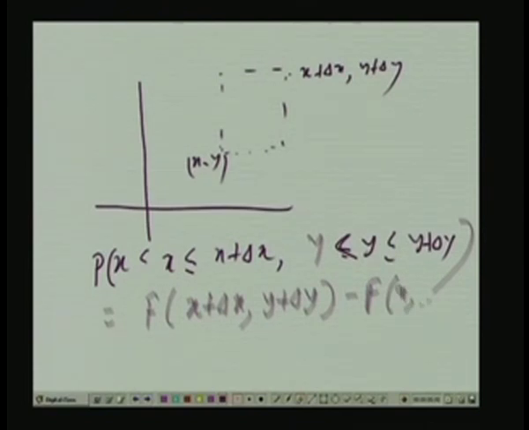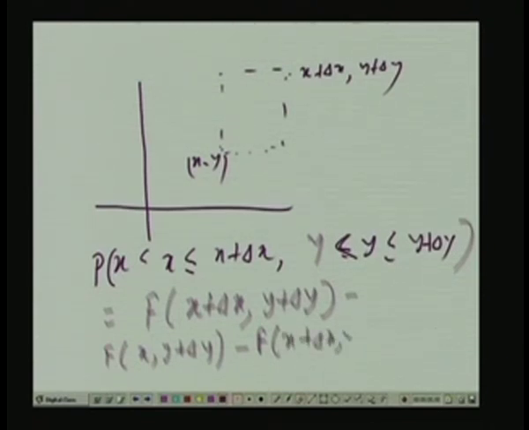Minus... this point. So, then this point. This is the probability.